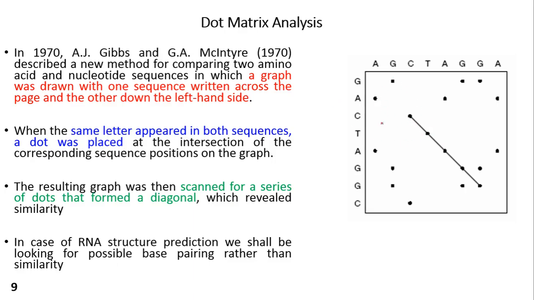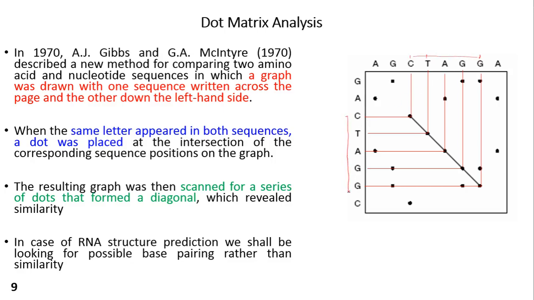Over here the similarity is shown with this particular diagonal. This dot represents alignment of C with C, this dot represents alignment of T with T, and the subsequent dot in the diagonal represents alignment of A with A. Then this dot in the diagonal represents alignment of G with G. The next dot represents alignment of G with G, and hence we say that this much region from sequence 1 is similar to this much region from sequence 2, based on how we interpret the diagonals shown in your dot plot.